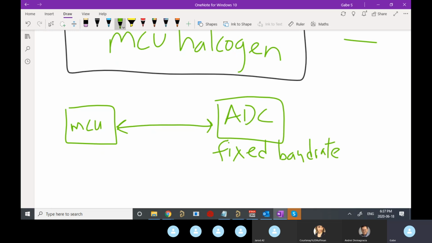This is something that the manufacturer's programmed into it, and it's going to spit data out at a 9600 baud rate, and you're going to have to match that so you can actually get the right data from it. If you don't match that, then that's on you, right? You're just going to get garbage and you will have wasted your money. It's your job to read the datasheet of this chip, find out what speed it communicates at, and then match that. Some of them have very fancy configurable ones, but a lot of the low-cost ones are just fixed.